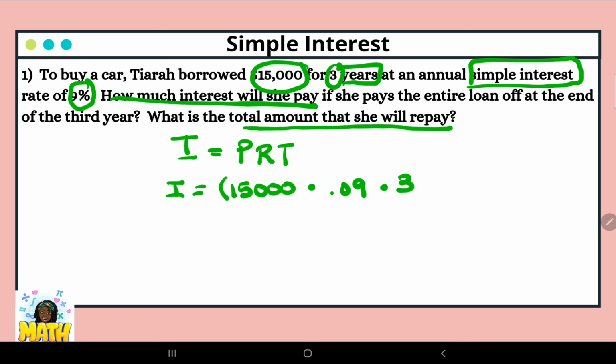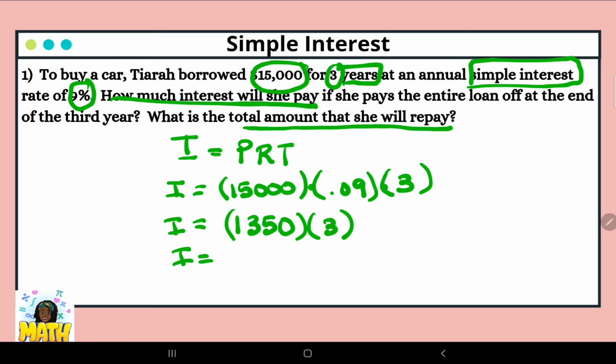Let's go ahead and use parentheses to represent the different numbers so that there's no confusion. 15,000 times 0.09 is 1,350. And then we're going to multiply that by 3, which is equal to $4,050. So in interest, she'll be paying $4,050.